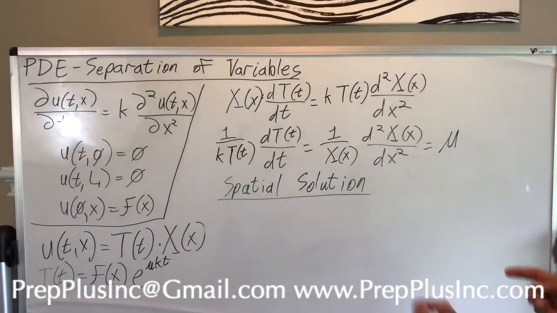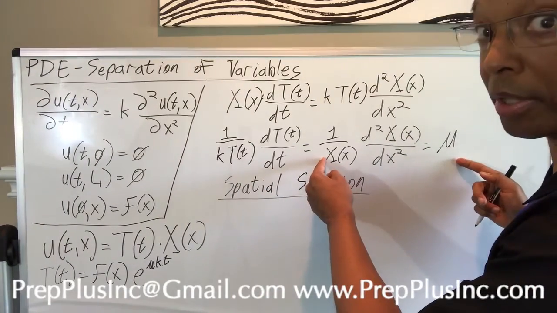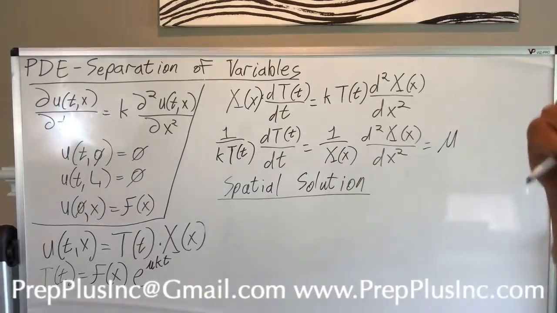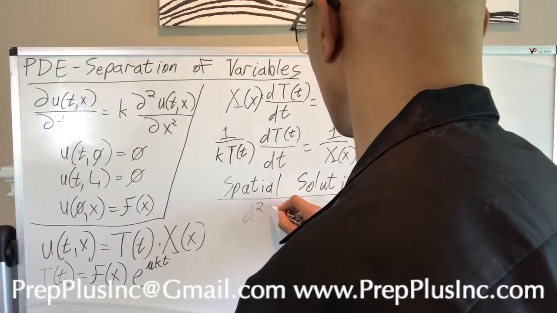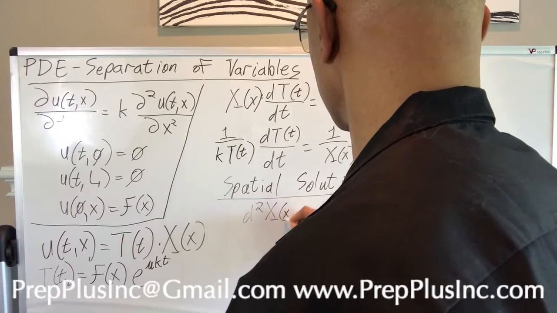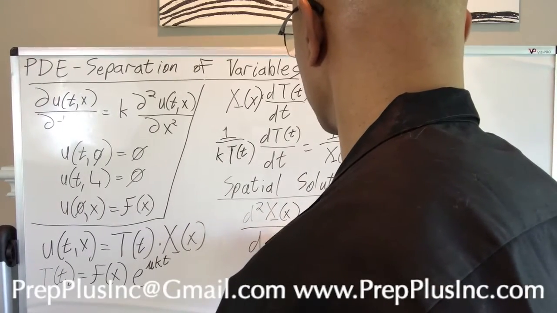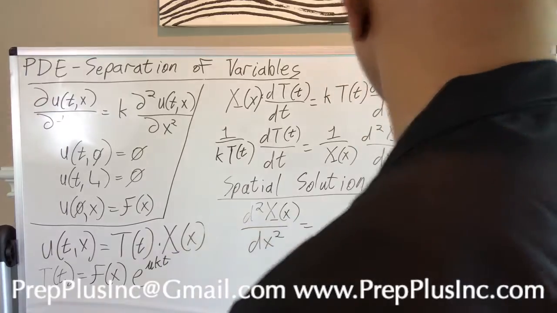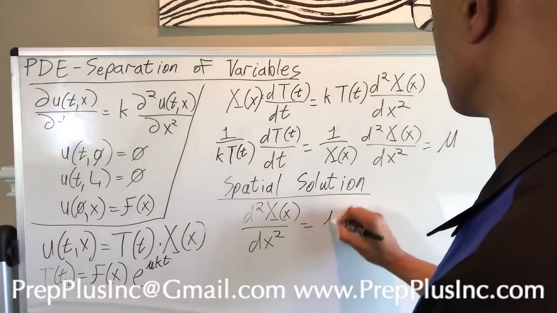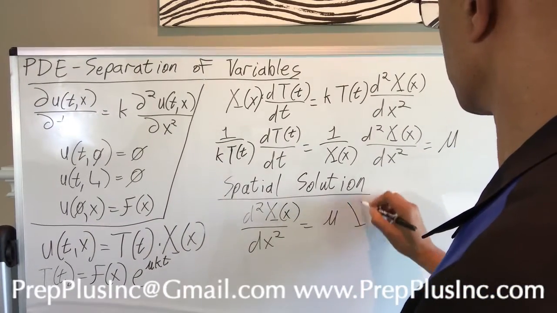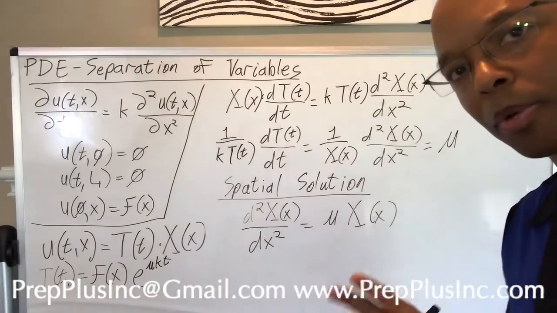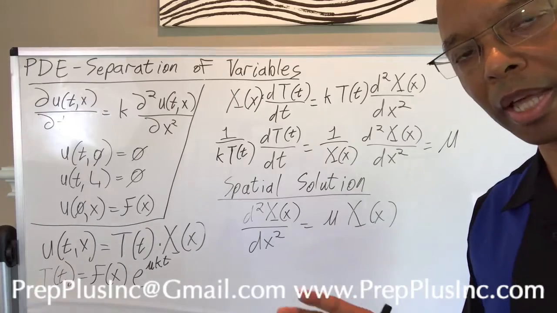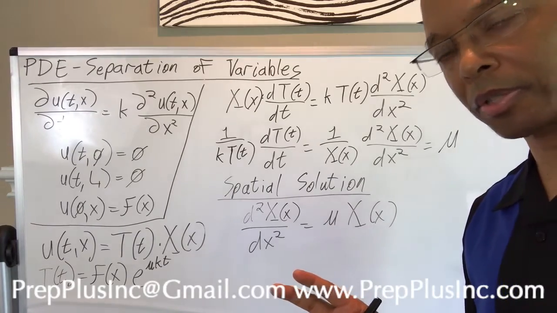That's just this part, so let's write that out: d squared X with respect to x squared equals mu times X. We recognize this from our class in ordinary differential equations.